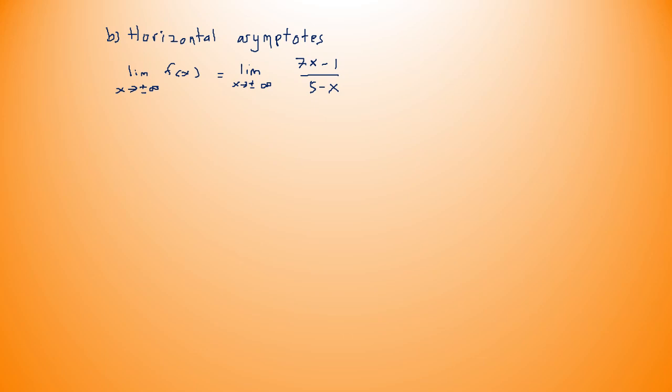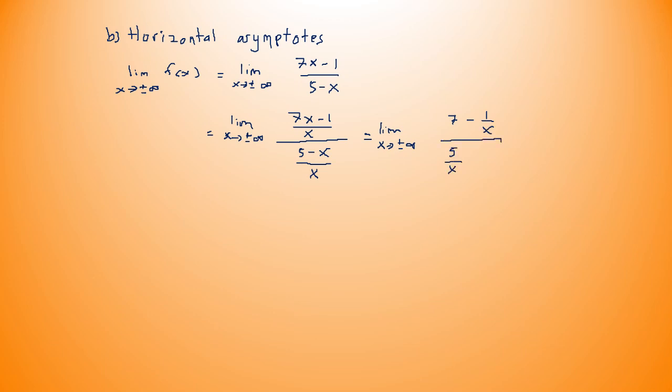So we can divide each term by the highest power of x. For our function, we have x, so we divide each term by x. We divide 7x - 1 by x over 5 - x over x. Simplifying, we get (7 - 1/x) over (5/x - 1).